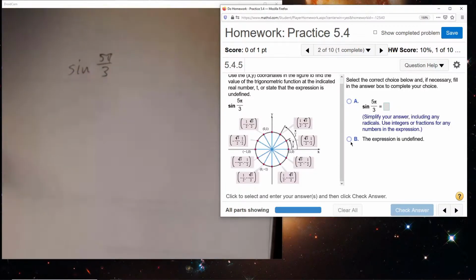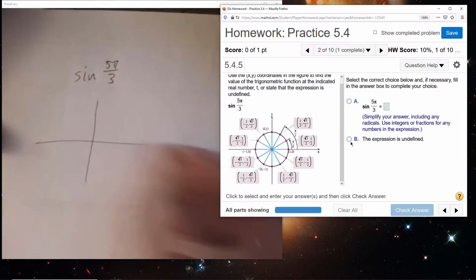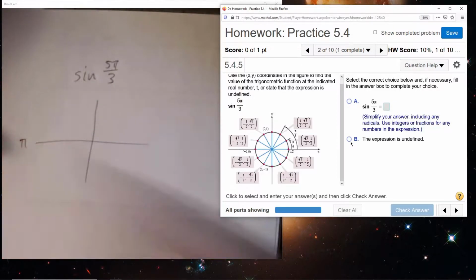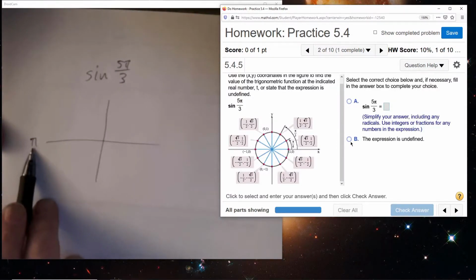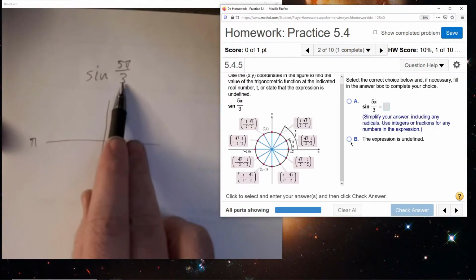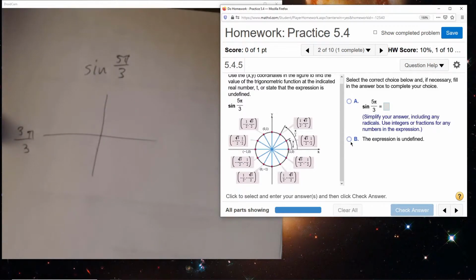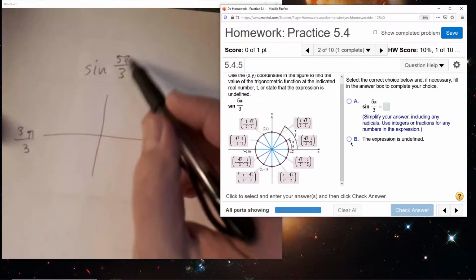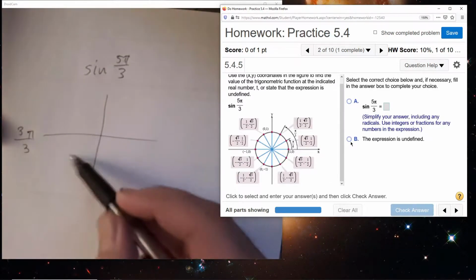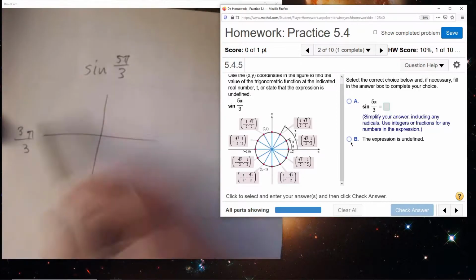Now we can just look at the circle that they've given us, or we can use reference angles. So again, a good point to look at is pi, because this is an easy fraction to take care of. We needed a common denominator of 3, so we can just multiply this by 3 over 3. And so we can see that this angle is definitely in quadrant 3 or 4, since 5 is going to be greater than 3 here.